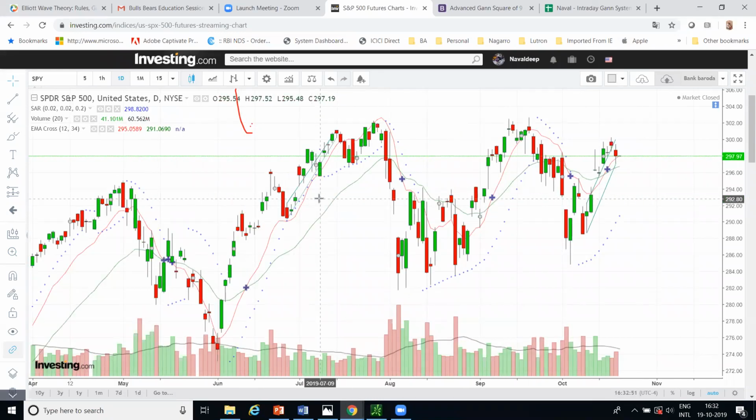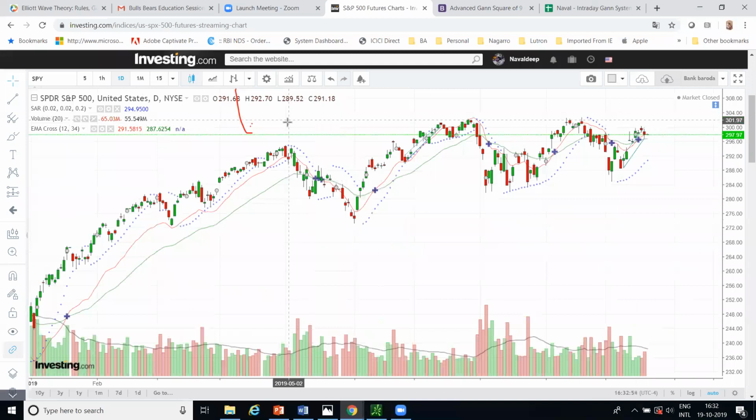If I squeeze in more, see this line at this level, you see nothing breached this level. It came one time, two times, and three times up to this level, but it did not breach it. It tried to retrace two times, and the retracement was significant.